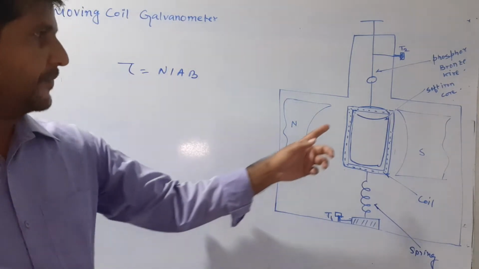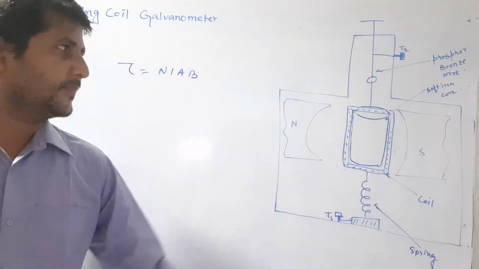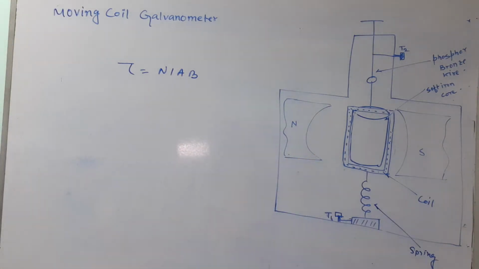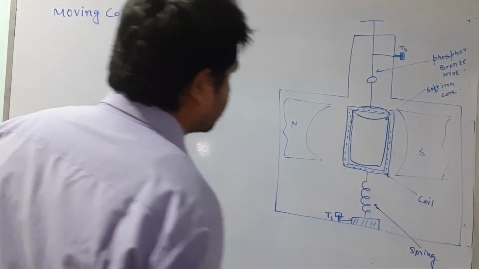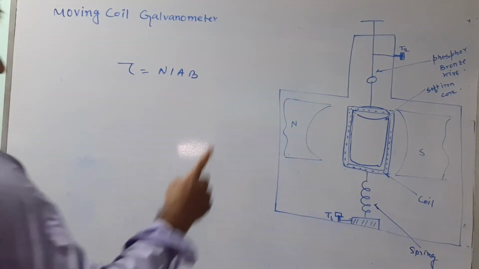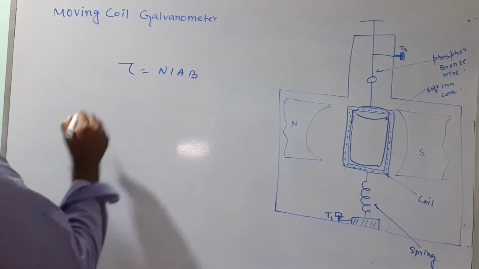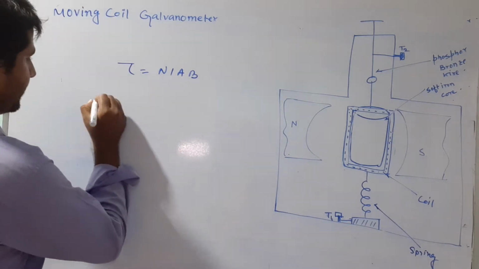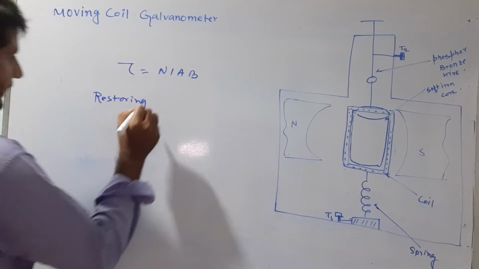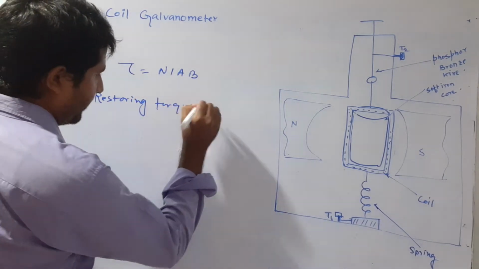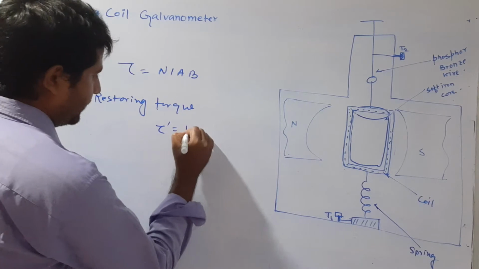Now, if phi is the deflection produced and K is the restoring torque per unit twist, then the total restoring torque in the wire is tau dash equal to K into phi.